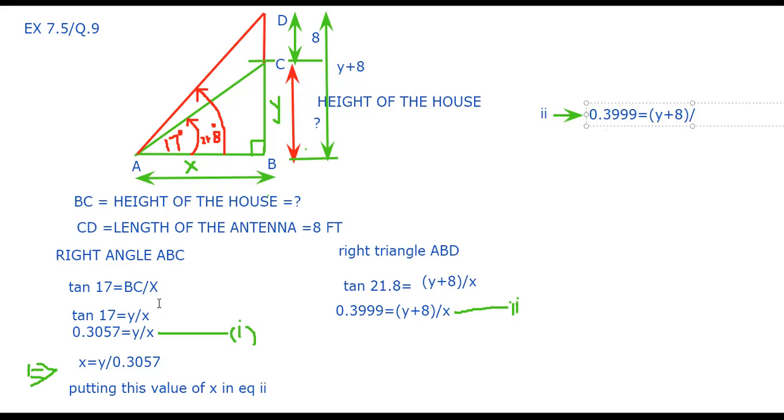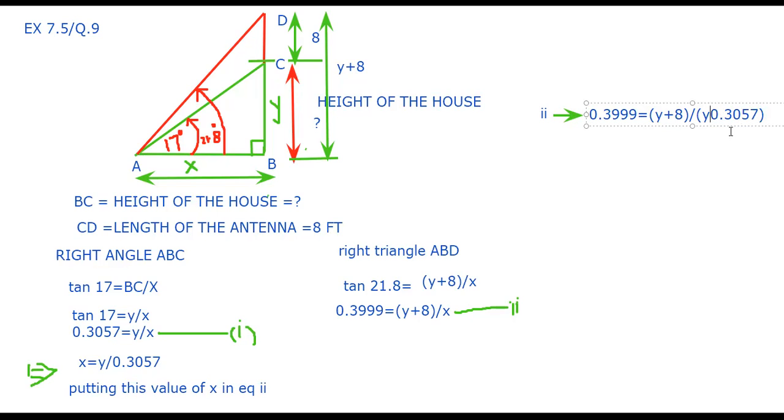The value of x we have just calculated is y divided by 0.3057, and if I place brackets around it, I just have to solve this equation and then I'll be able to find the value.